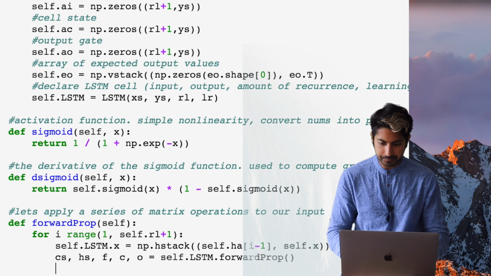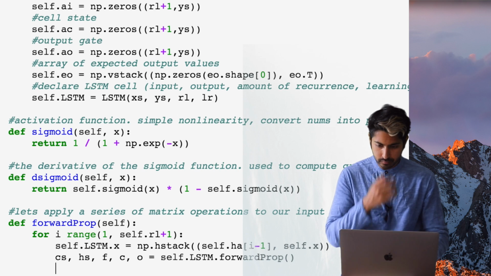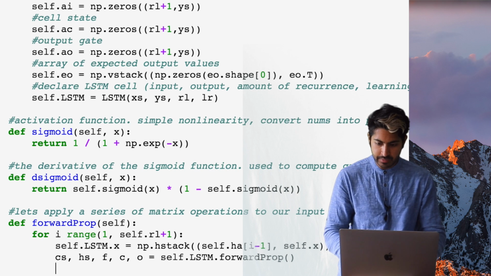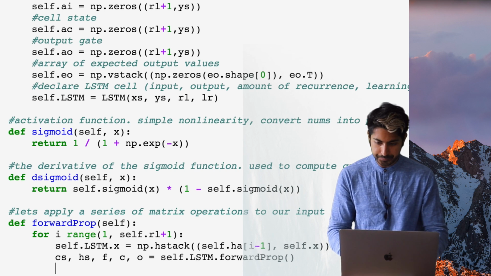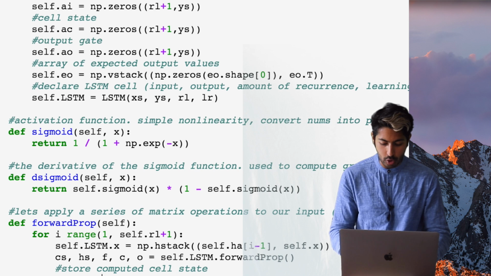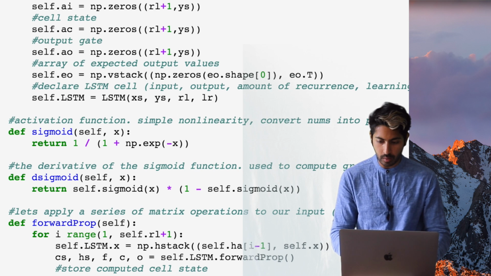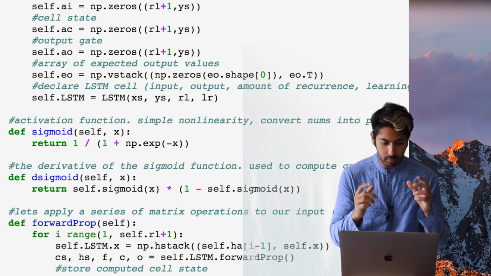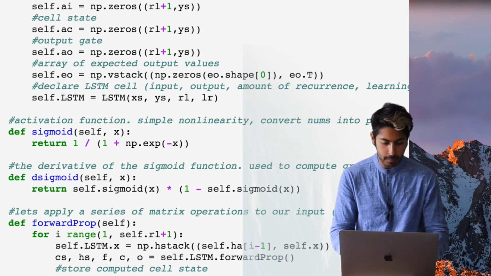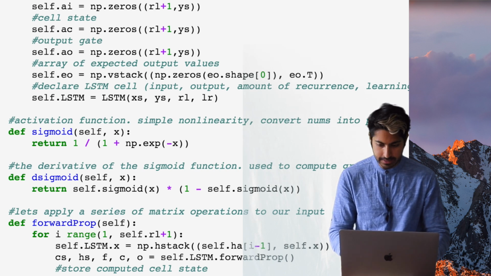And so then we're going to say, let's store the computed cell state, right? So then we've got all these values, and now we can store them locally in this recurrent network's memory. These are all values that were computed from the forward propagation of the LSTM cell.